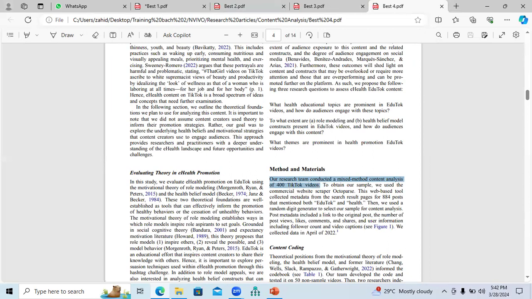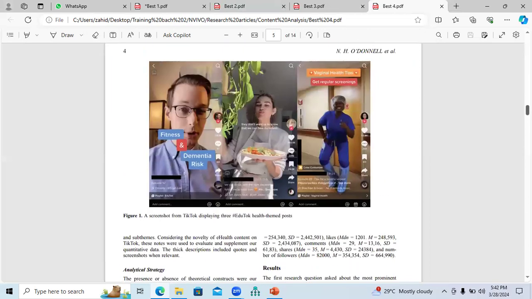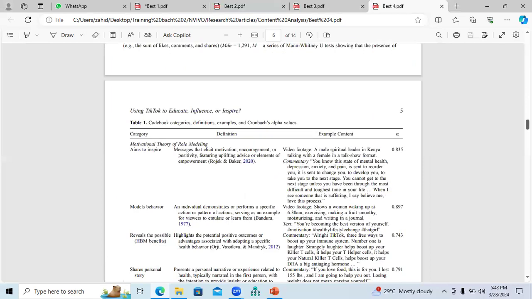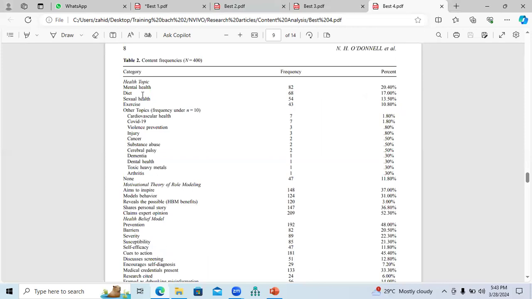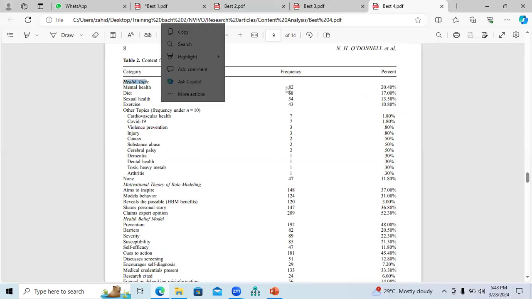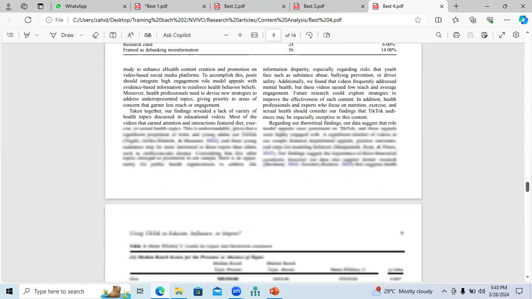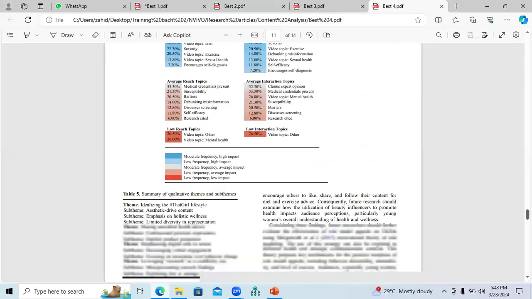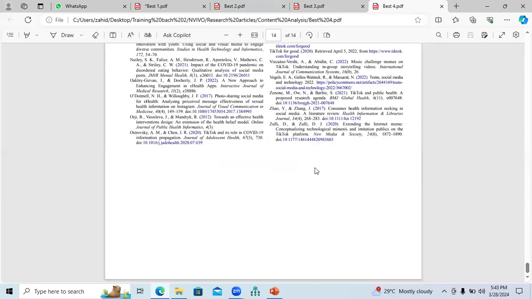So they have basically used TikTok videos as a unit of analysis. Different types of TikTok videos they have used for their analysis. They have created some themes or sub themes, like you can see here, health topics 82 times with this percentage. So you can apply any kind of topic with this content analysis.